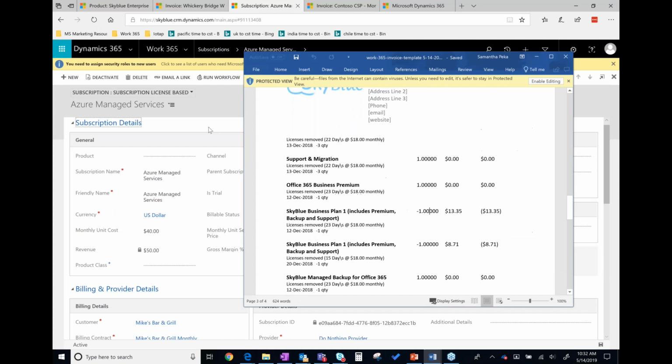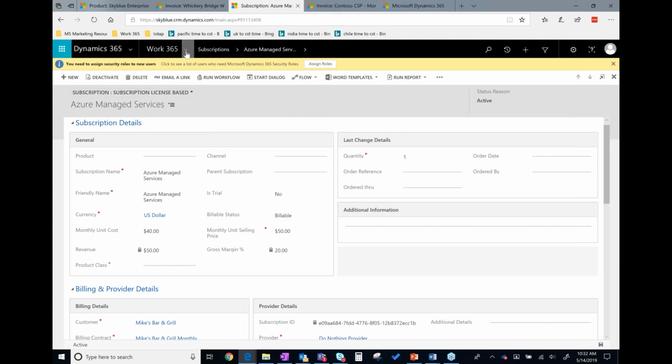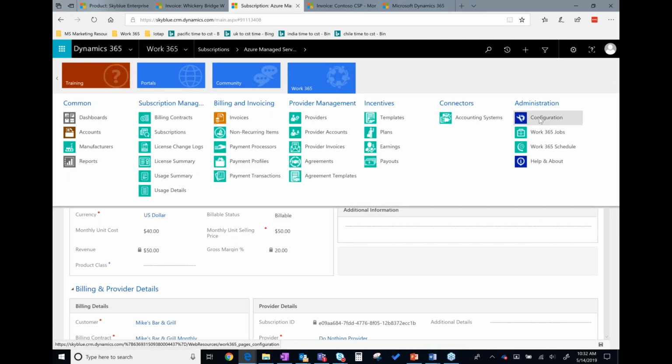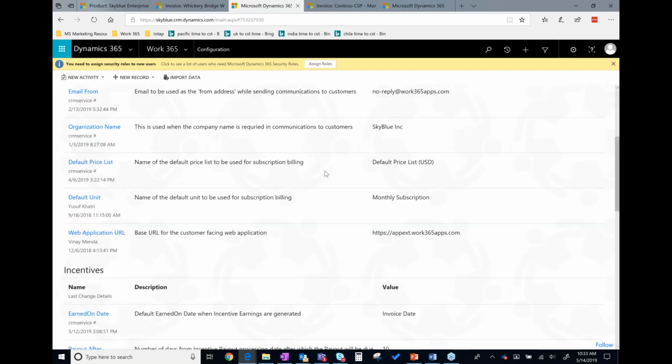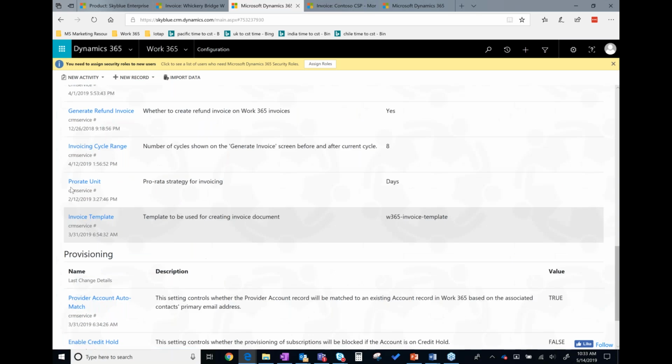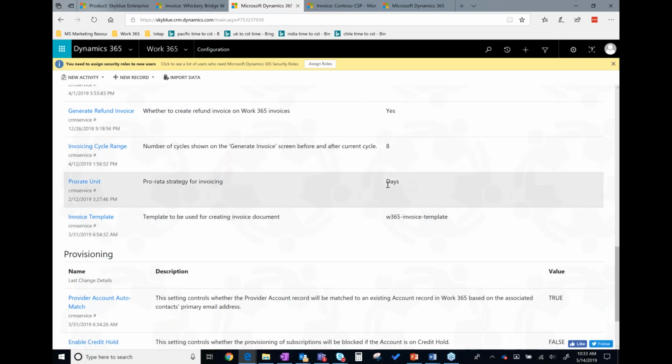Proration, just so everyone understands, is defined on the Work 365 configuration page, and you have two options: either monthly proration or daily proration. The sandbox that we're in is set to daily proration.